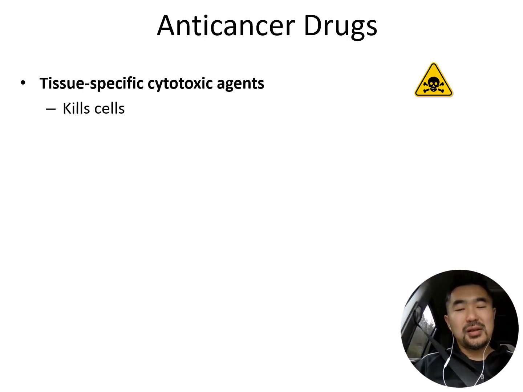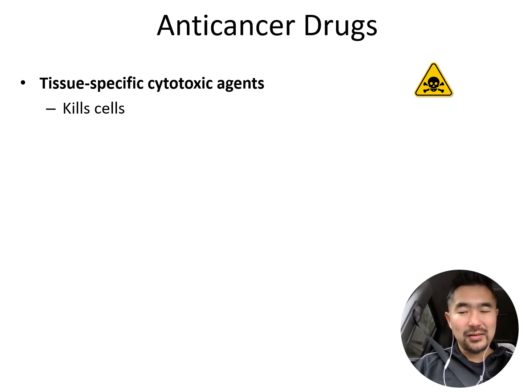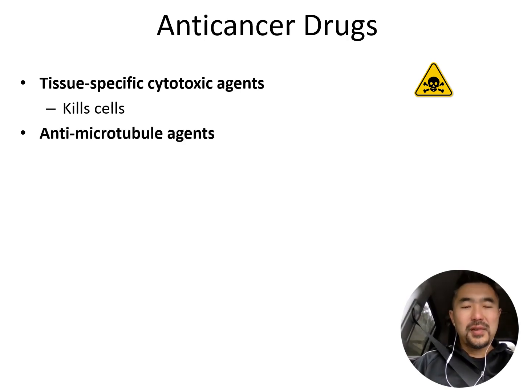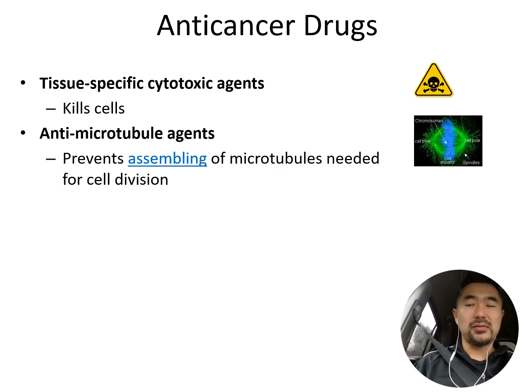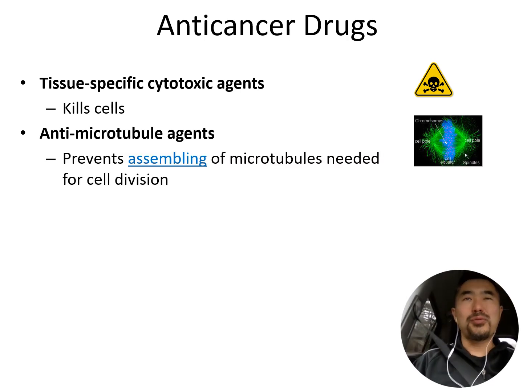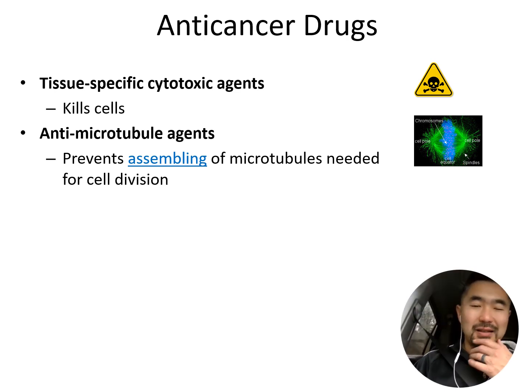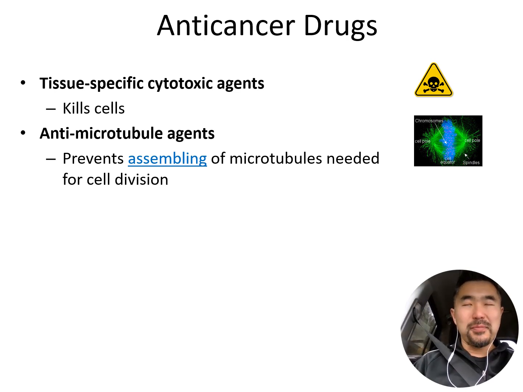There are some cytotoxic agents that are just good at killing cells, whether it induces apoptosis, which is programmed cell death, or there are also agents that stop the growth or recycling of microtubules. Those are the protein ropes, so to speak, that get formed inside a cell and are used for transportation of different types of macromolecules.